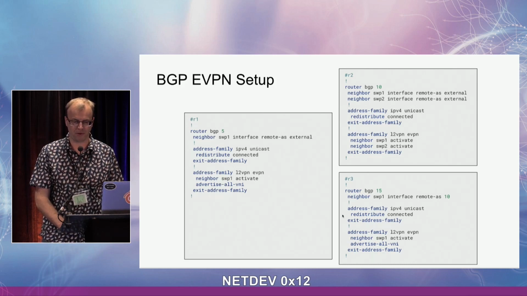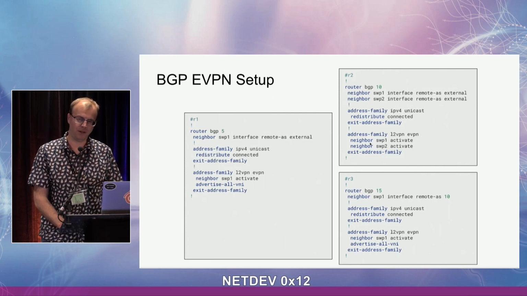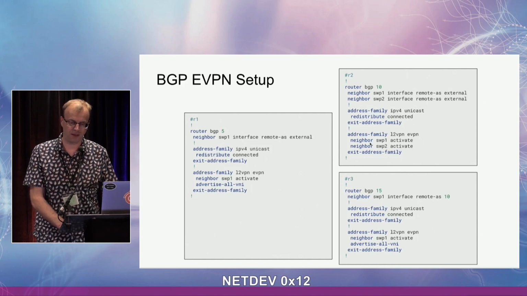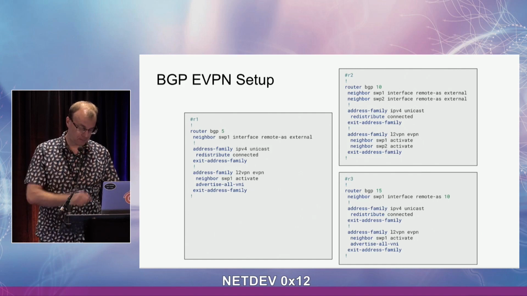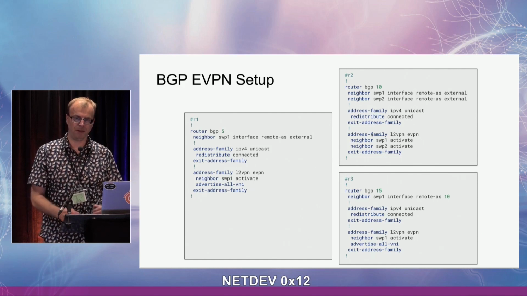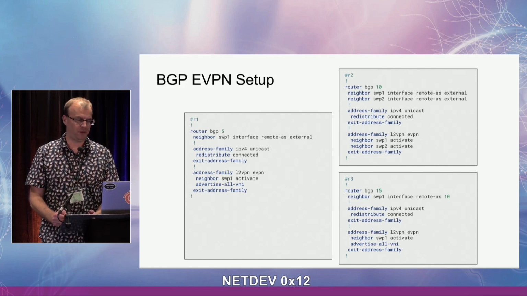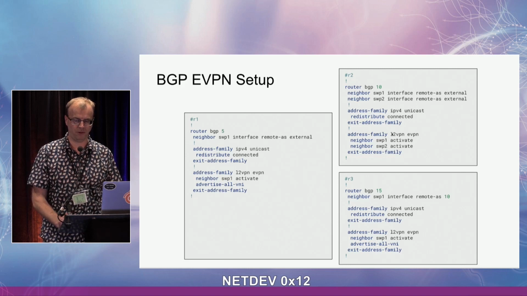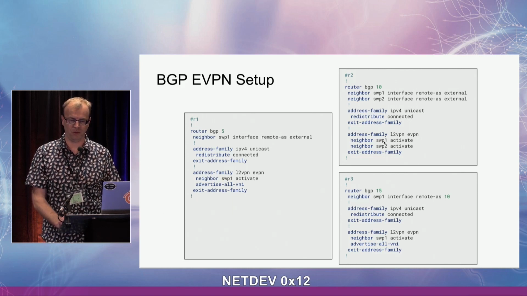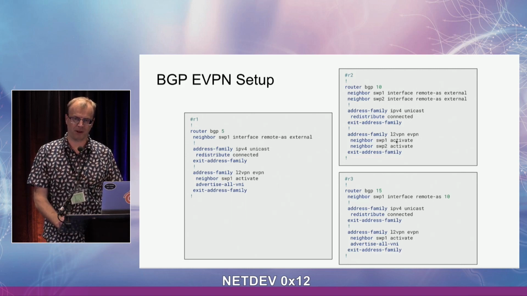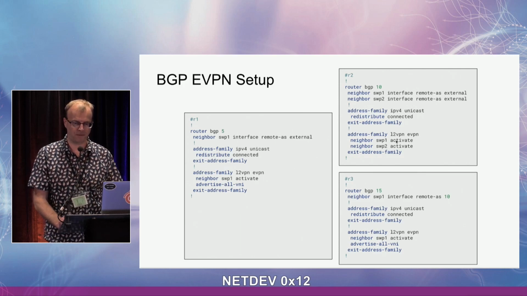You'll notice R1 and R3 have it, and R2 is just the spine and doesn't need to have that. BGP also has this concept of not using an address family unless you tell it. So you do need to specify that you want to use a particular neighbor in a particular address family, or that will not work.